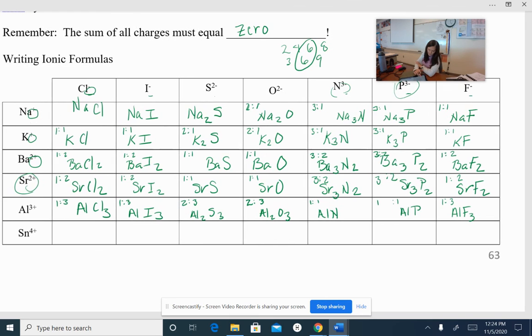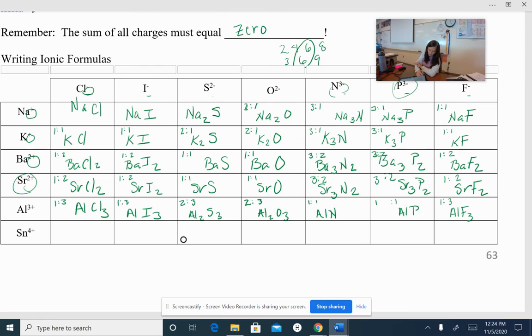All right, tin, +4. So I'm going to need 4 -1s to get to a -4. So 1 tin and 4 chlorides. So we'll call this tin 4 chloride.